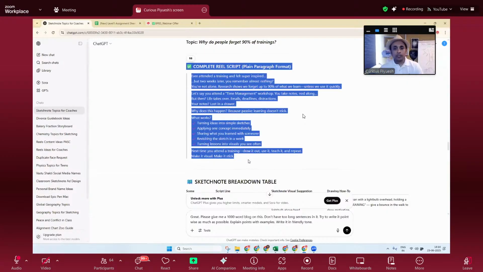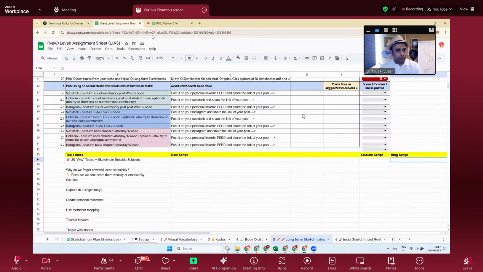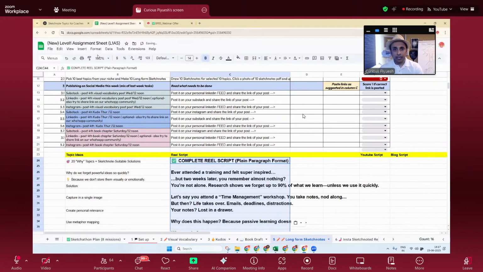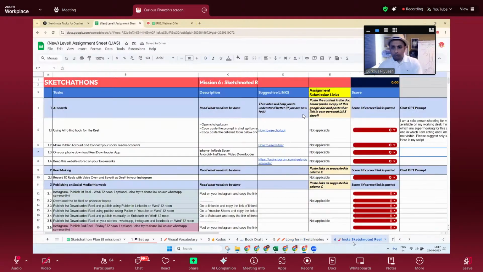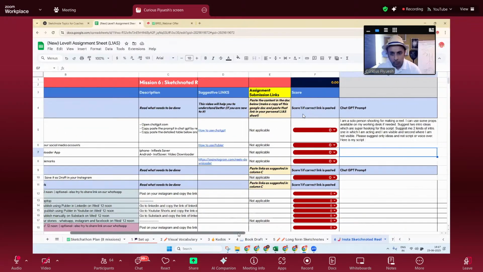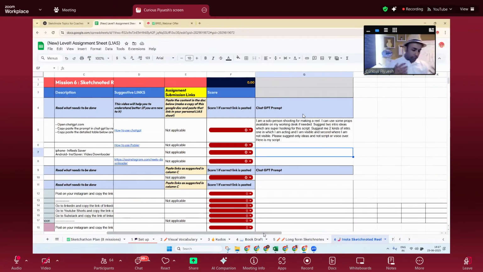I am copying this script and pasting it here, the reel script. So that is becoming my reel script. And now today's task is the Instagram reel. Let me explain how a reel works.